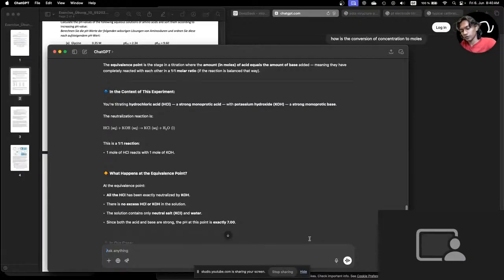They have completely reacted with each other in a 1:1 molar ratio.